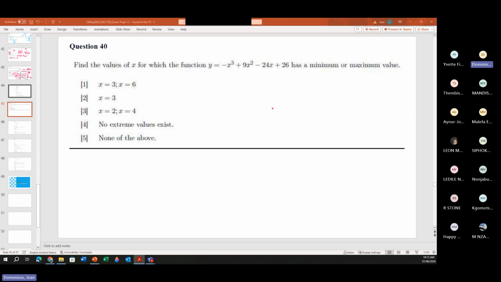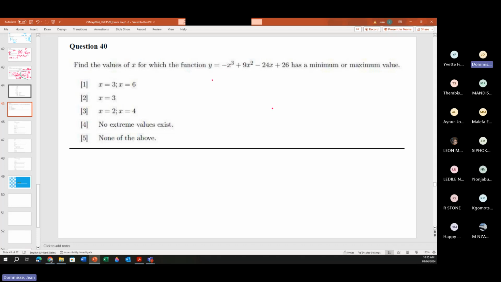So basically what we will need to do is to differentiate. So let's first differentiate, and then we can factorize, or we can use the roots formula. So let's first get differentiation out of the way.